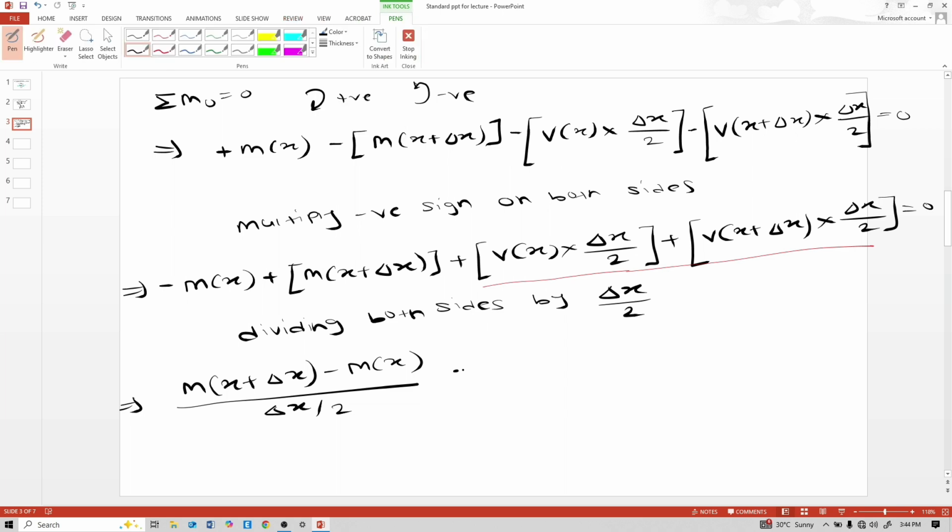That means equal to minus V of x minus V of x plus delta x.